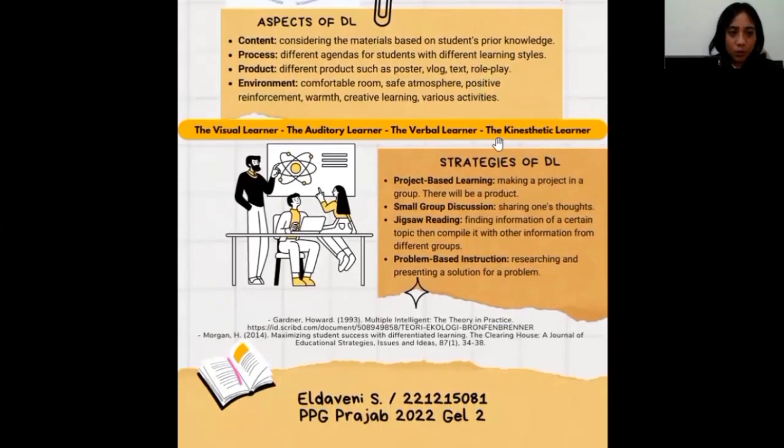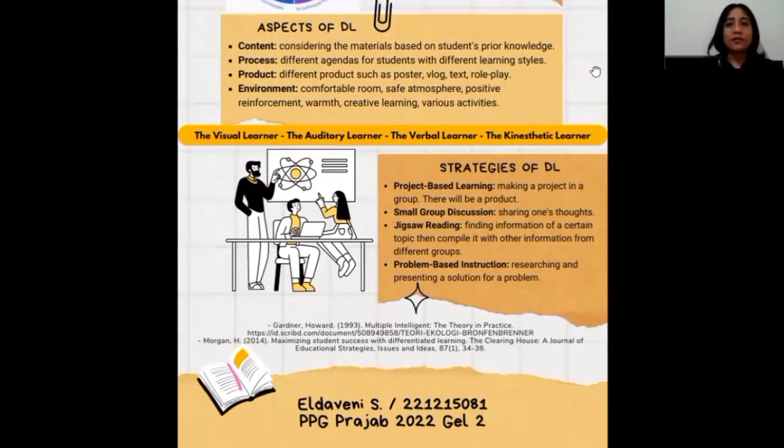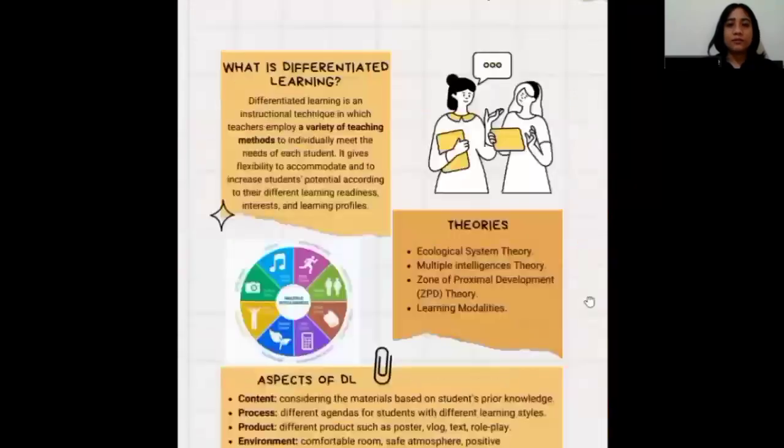So it is about what can we differ in the learning process to help students learn more effectively. And then the third one is about strategies of differentiated learning. So there are some ways that we can do, some strategies we can choose in order to implement differentiated learning.